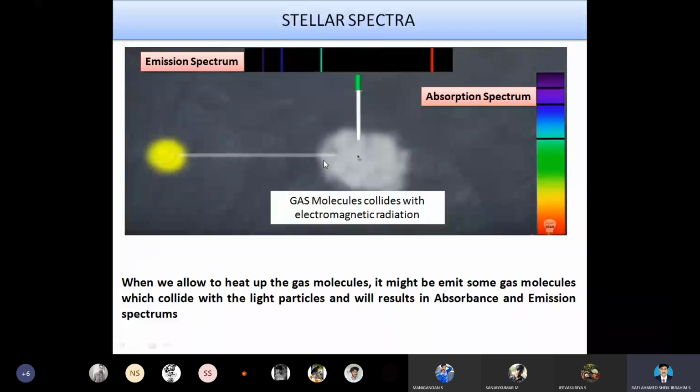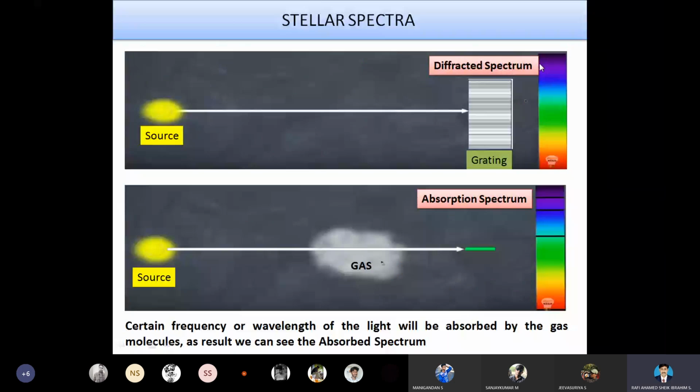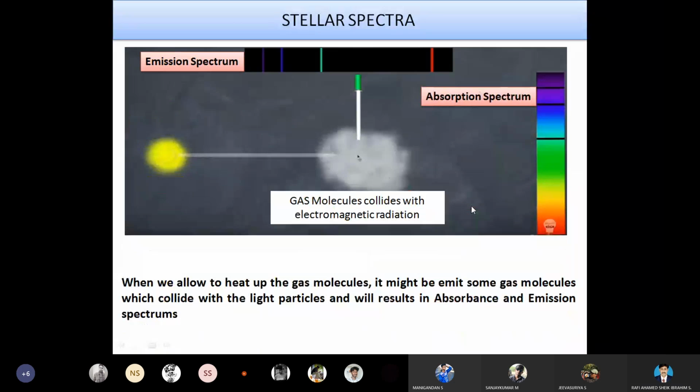And here, in this first case, we have seen the diffracted spectrum. When the light source falls on the gaseous molecules, it will give the absorption spectrum. Now let us consider a light source and a gas molecular cloud.